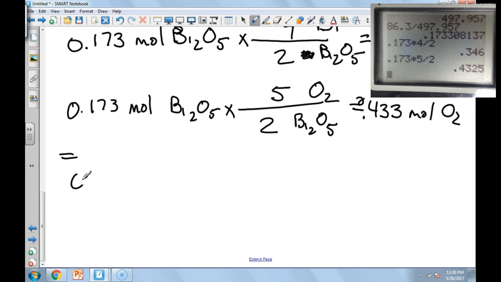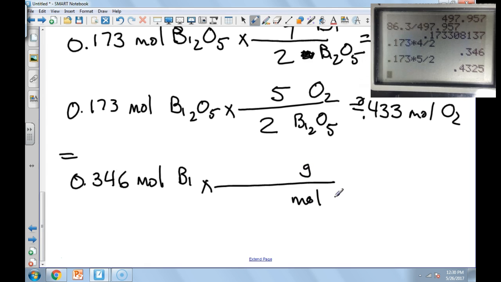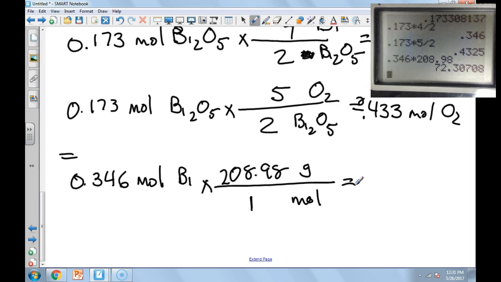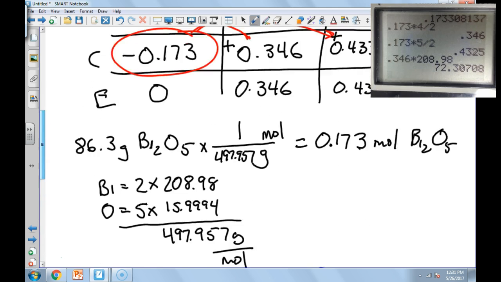So we have 0.346 moles of bismuth, and we're going to X-line that, and we're going to get rid of moles, and we're going to convert that to grams. Every 1 mole equals 208.98 grams. Okay, so 0.346 times 208.98. Okay, and this is 72.3 grams. Okay, 3 significant figures, so it's 72.3.